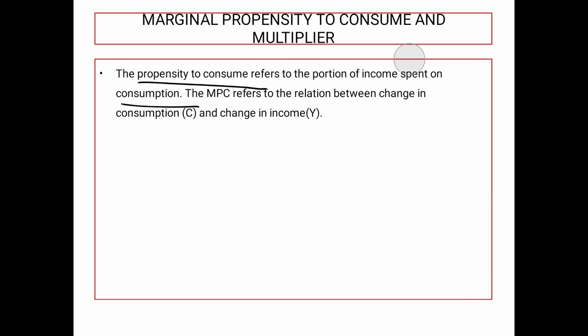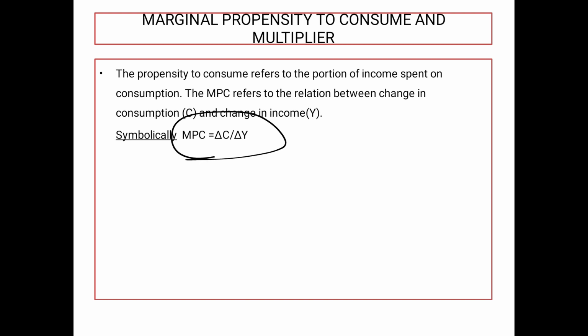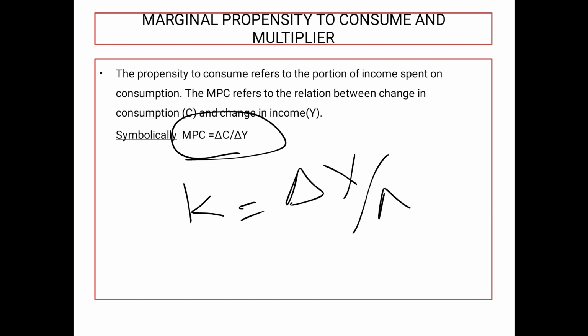Next we are going to see the equation. MPC is nothing but change in C by change in Y. So what did we see in multiplier? K is equal to, I think you are guessing it right, change in Y by change in I. And what is the MPC formula?